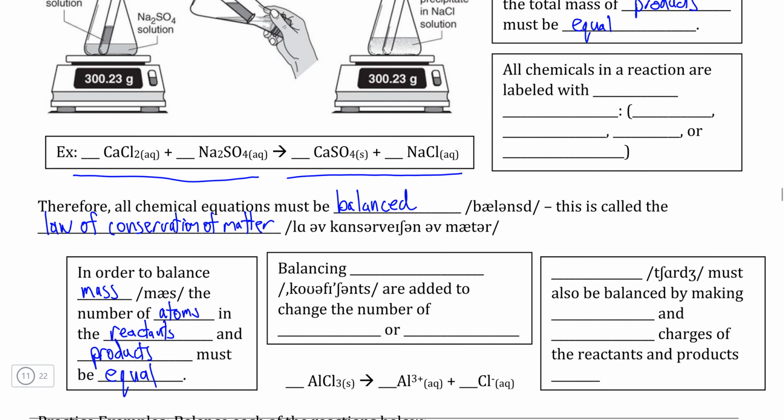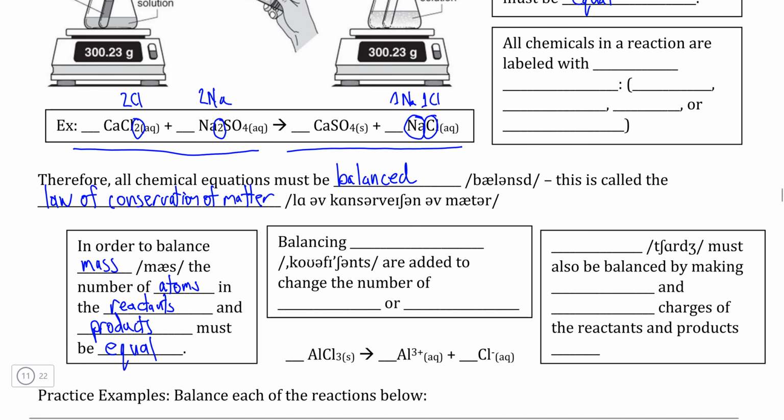So if we try this with this double displacement reaction, we can see that there are 2 chlorines in the reactants, but we only have 1 chlorine in the products here. Likewise, we have 2 sodium in the reactants, but only 1 sodium in the products here, which means that our reaction is not balanced.